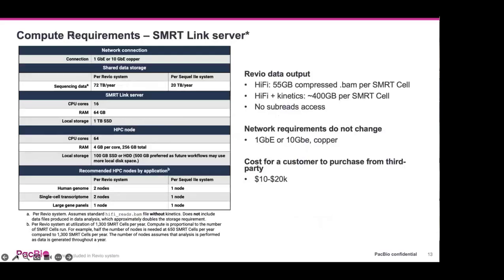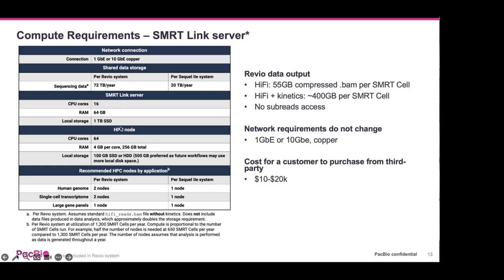Great. So then looking at compute requirements, the SmartLink server has some pretty beefy requirements just because of the secondary analysis pipelines. You'll need at least 64 gigabytes of RAM and 16 CPU cores if you're doing whole genome stuff, and local storage of at least 1 terabyte SSD. Sorry, this is just for the server part.